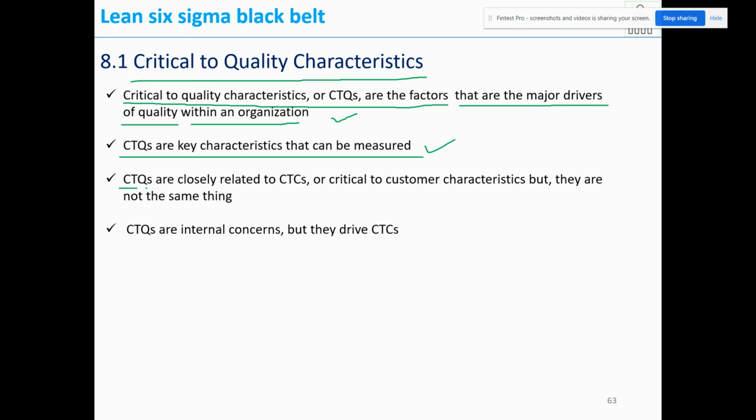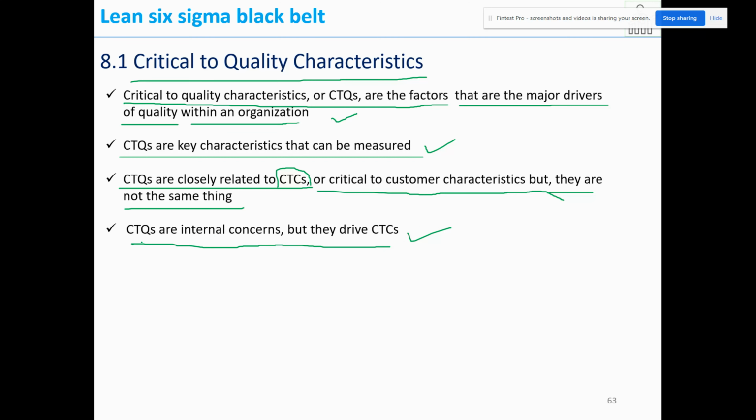CTQs are closely related to CTCs. What is CTC? Critical to customer characteristics, but they are not the same thing. What is CTC and CTQ? We are going to see with an example. Now, CTQs are internal concerns, but they drive the CTCs.